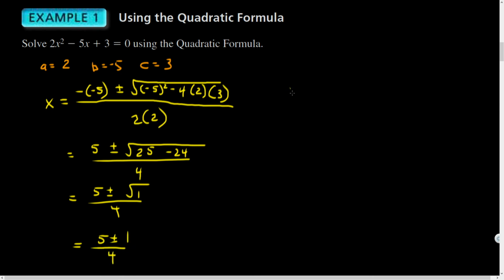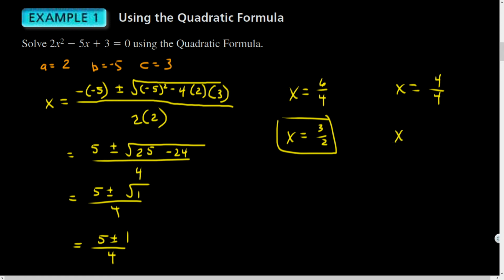And so final answers, I get x equals 5 plus 1 is 6, so 6/4, right? Which is equal to 3/2. There's one answer. And x equals 5 minus 1 is 4/4, which is equal to 1. And so I get my two answers.